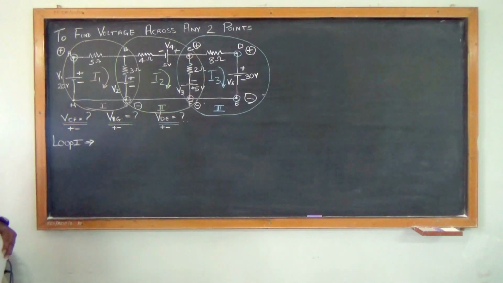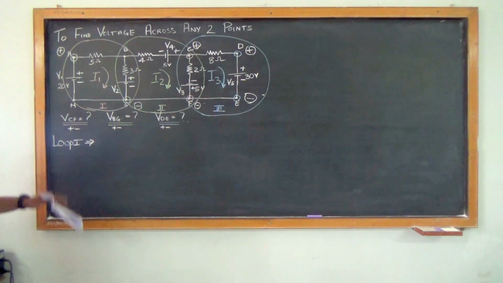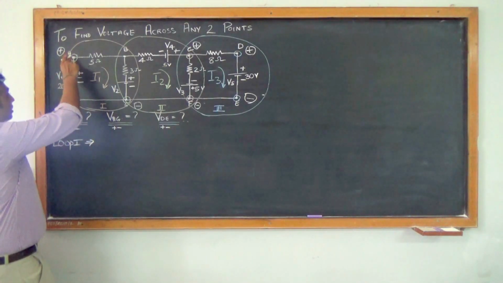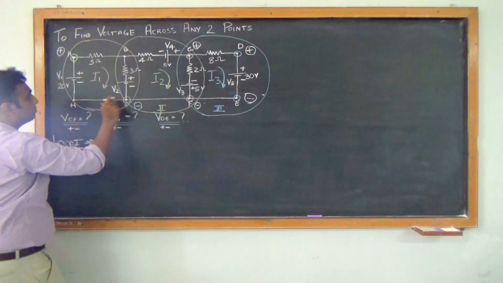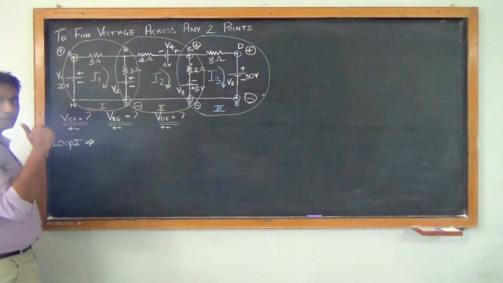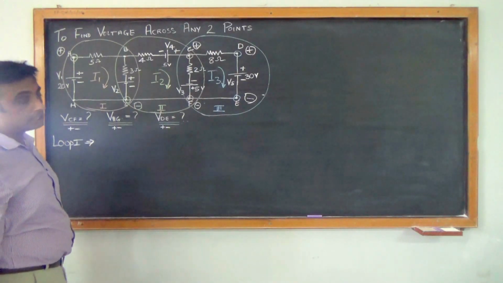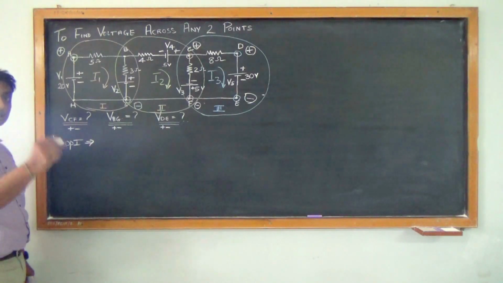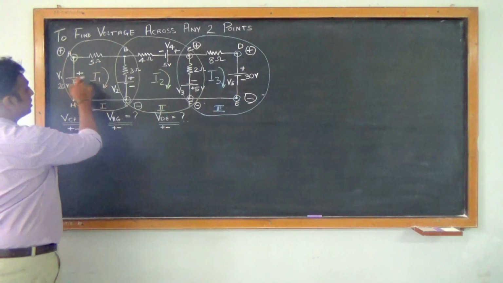So, using KVL in loop 1. Now, as per the shortcut method, this is my loop 1 or my mesh 1. KVL states that the number of voltage sources in the loop is equal to the number of voltage drops in that same loop. So how many voltage sources do I have?